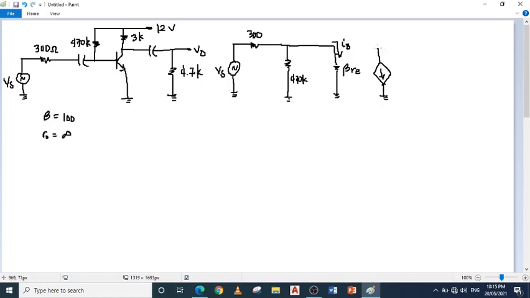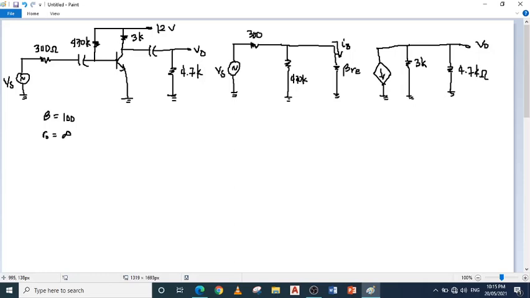And then, of course, this is our VO. Okay, VO. Then we have 3K, then we have the RL, which is the 4.7 kilo ohms.